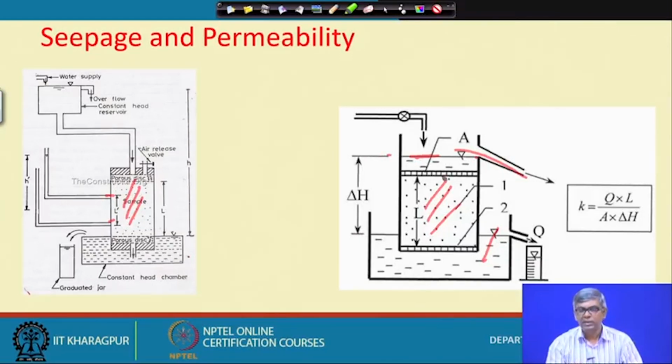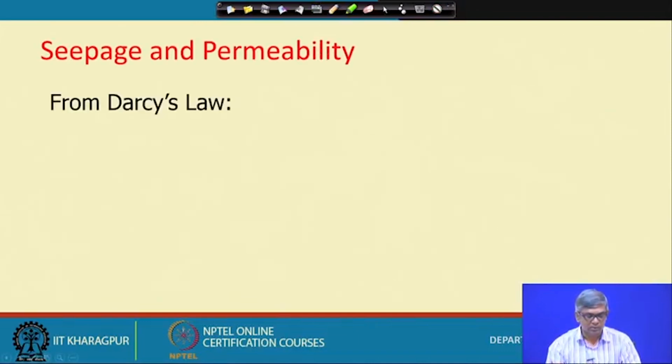Now, over a period of time, if I collect the quantity of flow, then I can find out Q, the discharge, and theoretically we know the equation for that discharge, and from that I can equate and finally get the value of permeability. The equation I will show in the next slide.